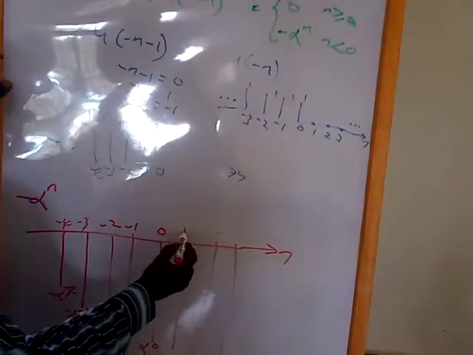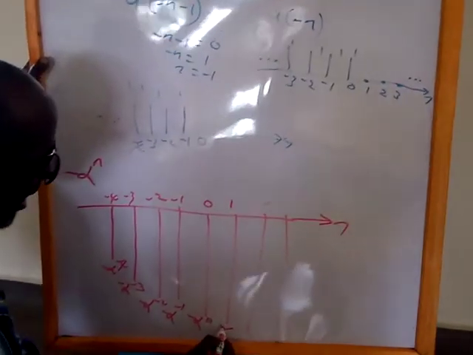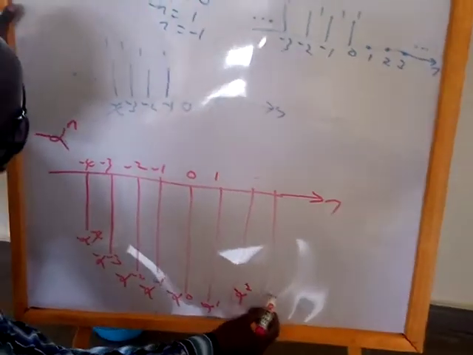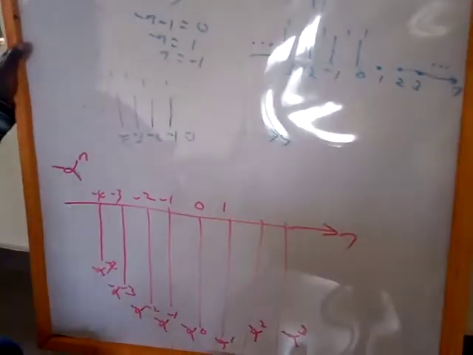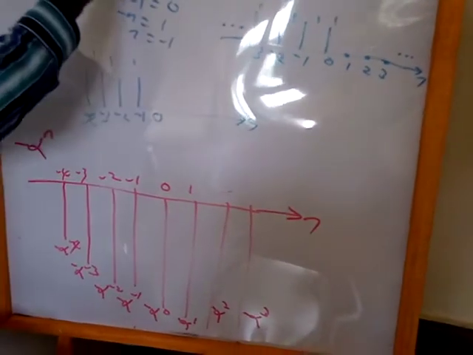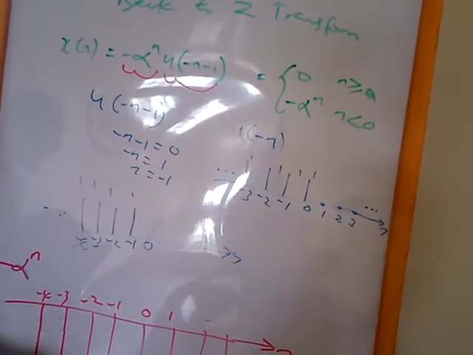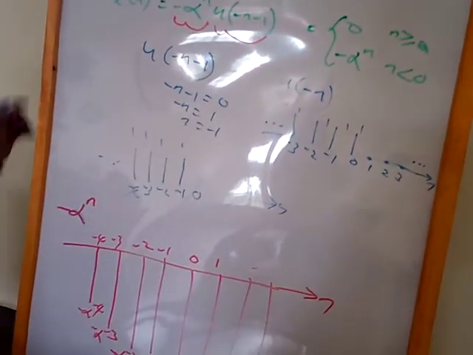At 1, this will be minus alpha raised to power 1, minus alpha raised to power 2, minus alpha raised to power 3. What you are given here is like this multiplied by that. What will now happen?